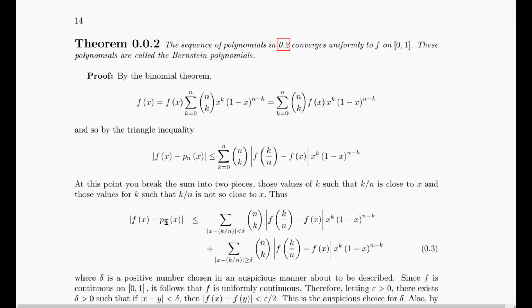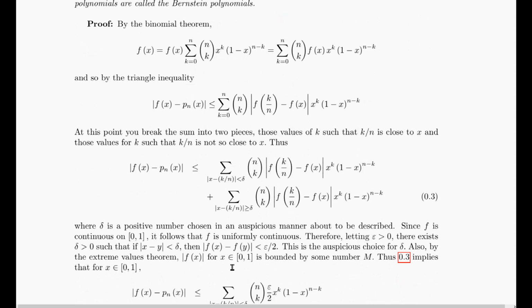So what I'll do is I'll measure that closeness with delta. So this is smaller than or equal to this, where |x - k/n| is less than delta, of all this stuff, plus this, and that's where x is further than or equal to delta from k/n. Okay?